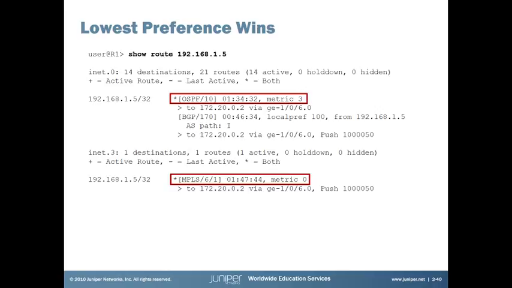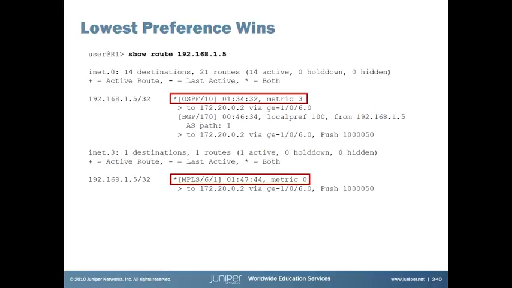Okay, if you go to R1 and do a show route to 192.168.1.5, in our inet.0 table we have our IGP, which in this case is OSPF. We have our IGP giving us a route to that address, and the next hop is 172.20.0.2.